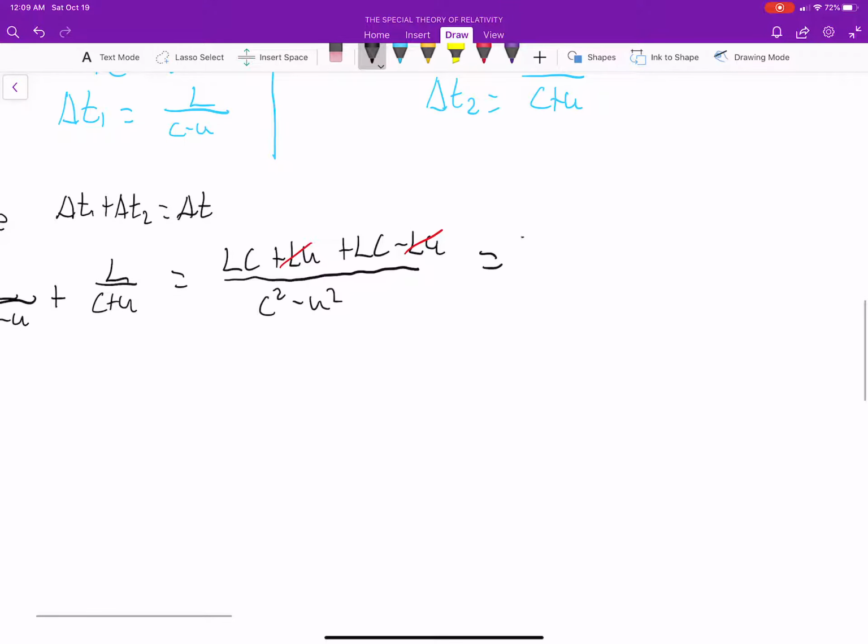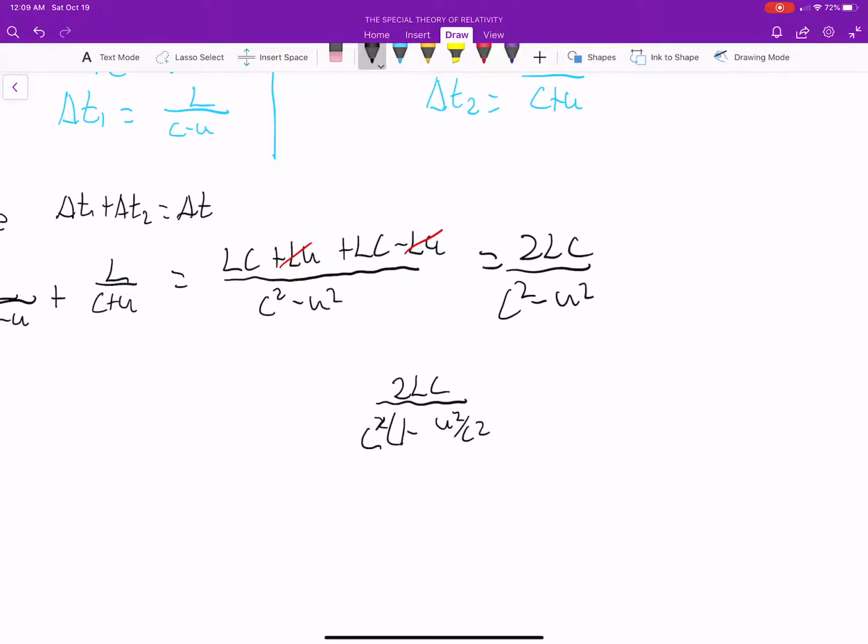And that's just 2Lc over c squared minus u squared. Okay. 2Lc over, I'm going to factor out a c squared from the denominator. This drops with one of these. And then this is normally how you'll see it written.